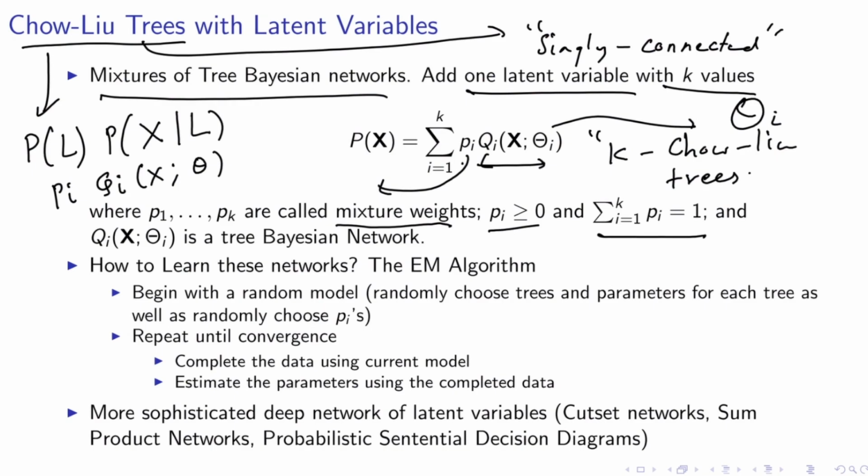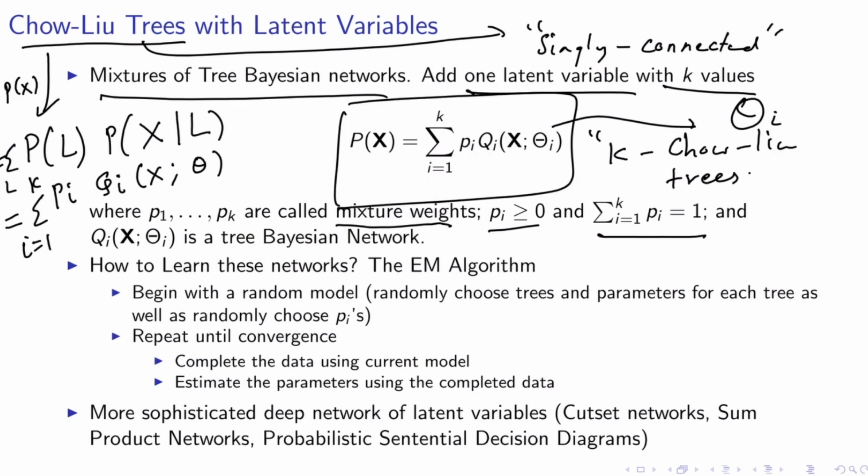And if I want a distribution over P of X, what do I have to do? All I have to do is sum out the latent variable, which is the same thing as saying that I want to sum out over the k values, right? And this is where this formula comes from. Okay, so that's our model, right?